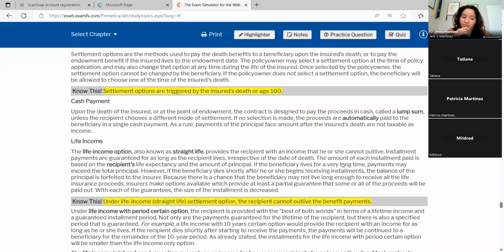Then you have life income option, also known as straight life. It provides the recipient with income that he or she cannot outlive. Installment payments are guaranteed for as long as the recipient lives. So it makes a calculation of how much money you want per month, and it pays you for an X amount of years.